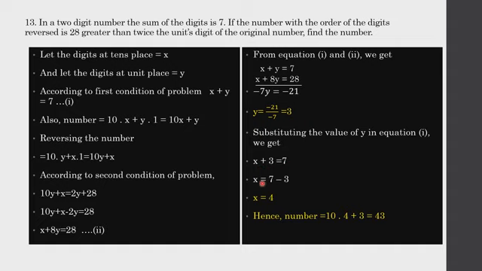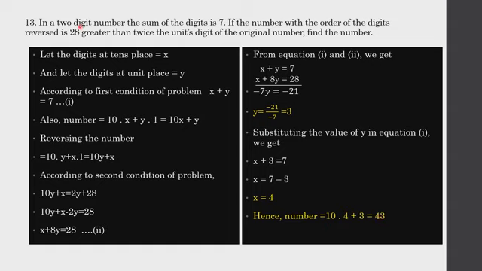So x is equal to 7 minus 3, which is equal to 4. Hence we can say that our number was 10x plus y, so it comes to 10 into 4 plus 3 into 1, which is equal to 43. So this is the number that is formed.